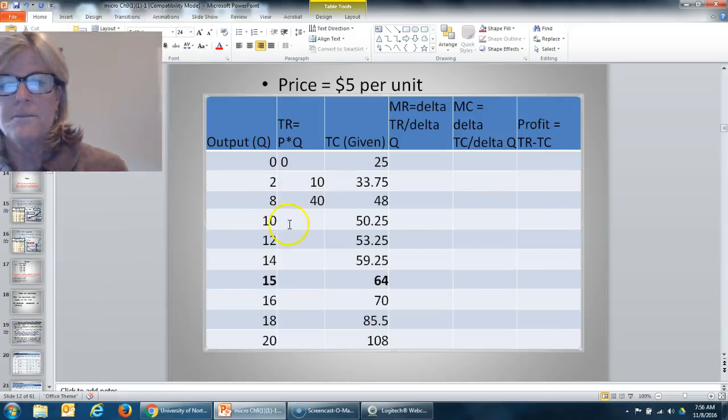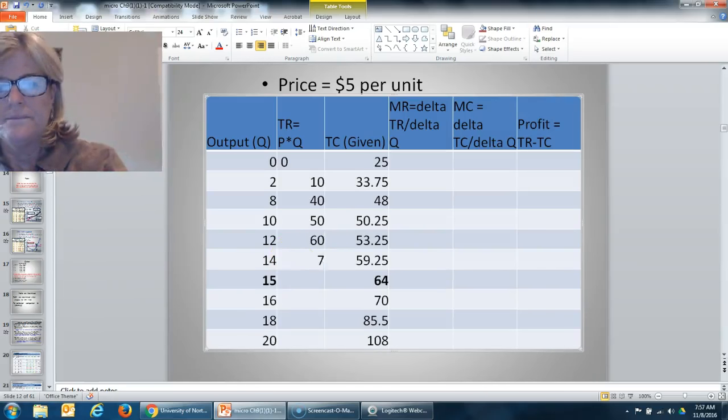We get the idea. All right. Does everybody see how total revenue is equal to price times quantity? Everybody sees how we got these numbers?